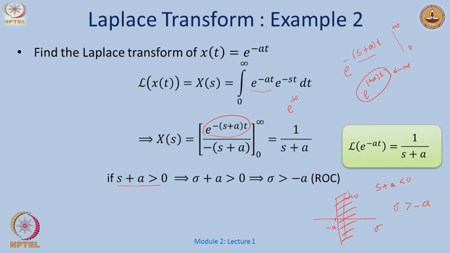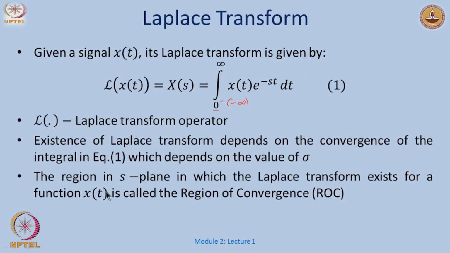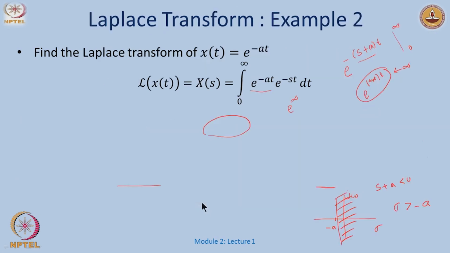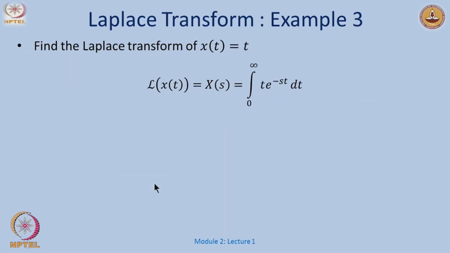And I want to avoid those things, and that is the notion of region of convergence which we had talked about in the earlier slide. The region in the s plane where the Laplace transform exists is called the region of convergence, and this is precisely the reason why we need to define the region of convergence. Okay, so let us quickly run through computing Laplace transforms of a few very basic signals.